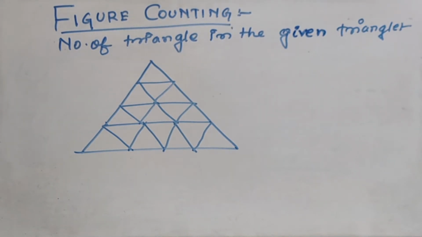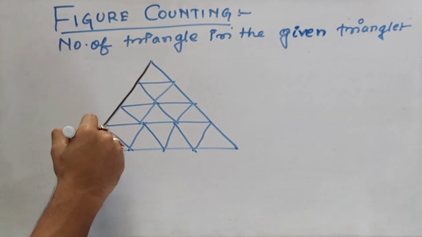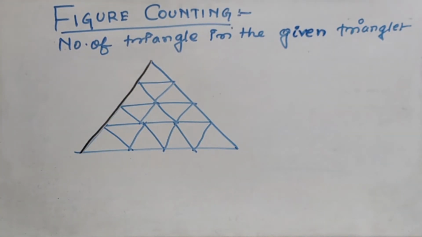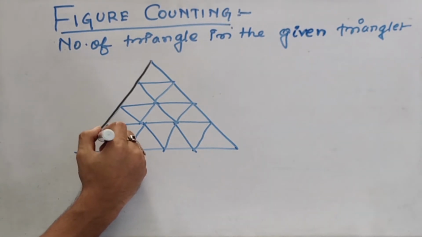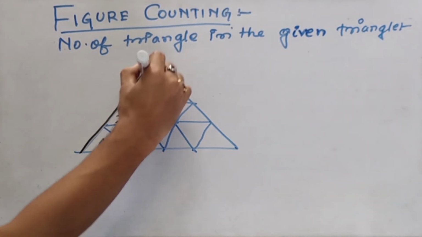Okay, now you have to calculate the total number of triangles within this figure. So what is the first step? The first step is calculate the total number of triangles which are lying on the left hand side base of your triangle. Okay, now this is 1, 2, 3 and 4.